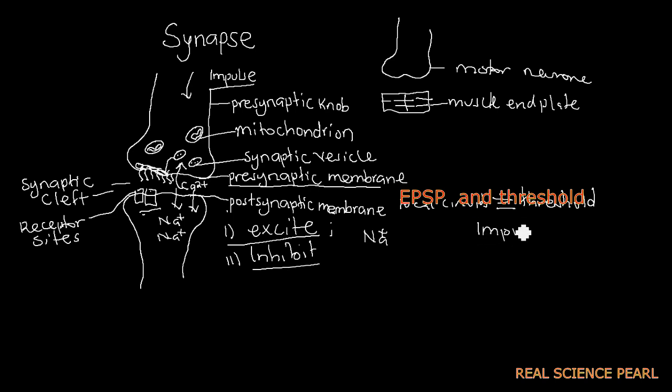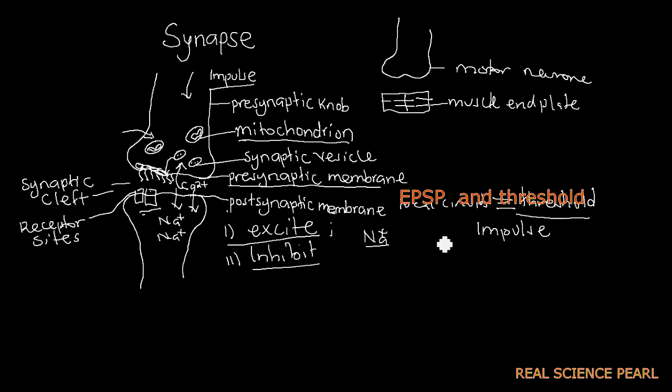As sodium ions are entering, the neurotransmitter substance, if it is acetylcholine, is hydrolyzed there by the cholinesterase enzyme into acetyl and choline, and they are taken back into the presynaptic knob, where they are rejoined again using energy from hydrolysis of ATP, which is formed in the numerous mitochondria present there.